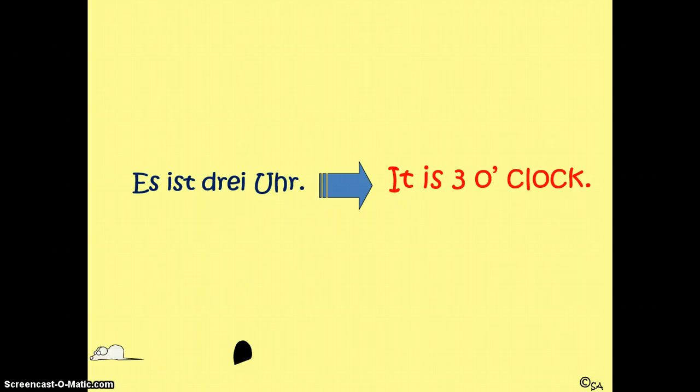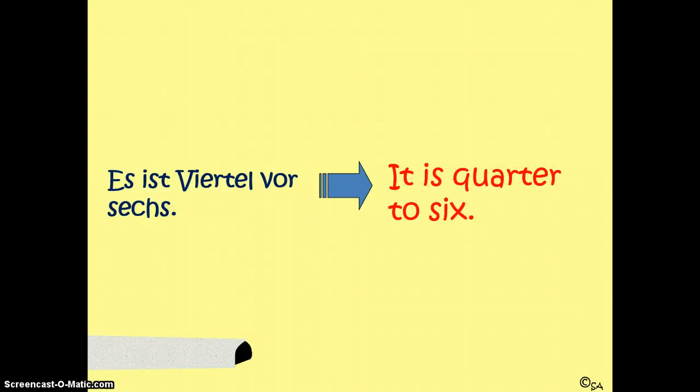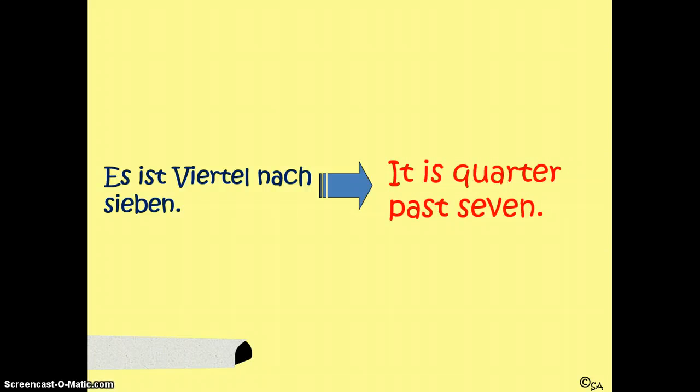It says es ist 3 Uhr, which means it is 3 o'clock. Es ist Viertel vor 6, it is 5:45. Es ist Viertel nach 7, it is 7:15.